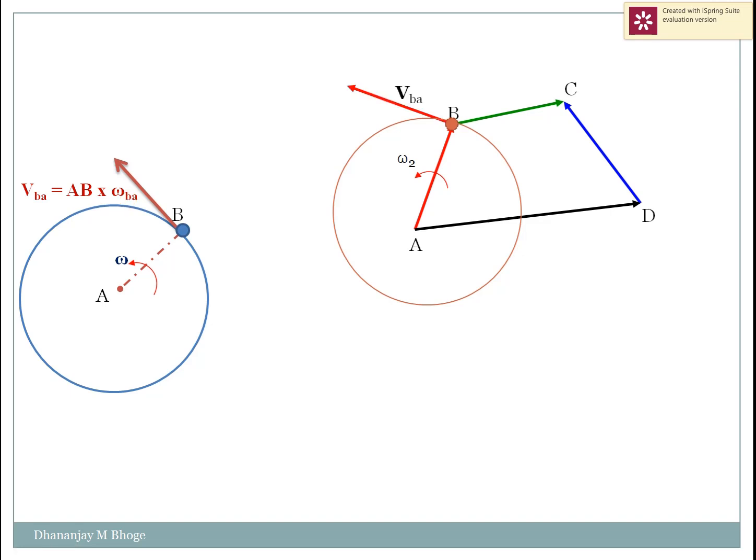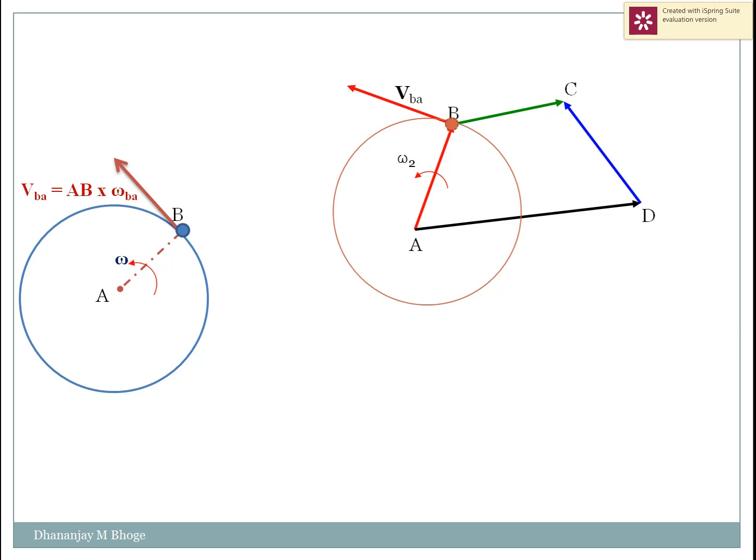In this way, we will determine tangential velocity vectors for each of the links and add them using the rules of vector representation in velocity polygon.